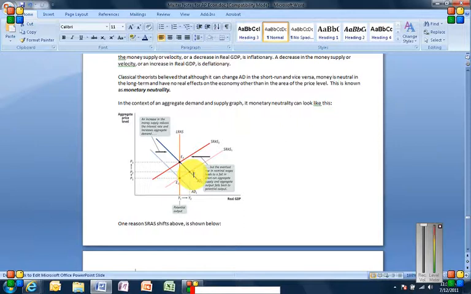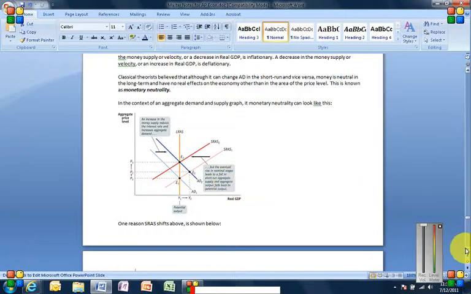What we mean by not lasting is not that AD never shifted in the first place, but that that effect is not going to hold. The most important of which being that the unemployment rate is going to be lower, or that incomes are going to be higher, and so forth. We're just going to get back to where our starting point was with all of those things, but along this axis, prices are going to be higher.